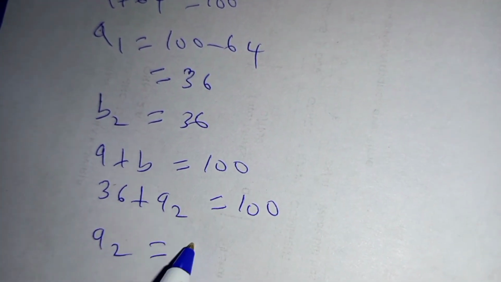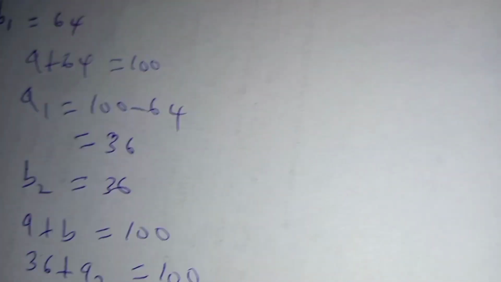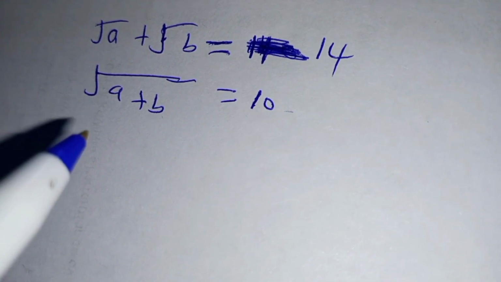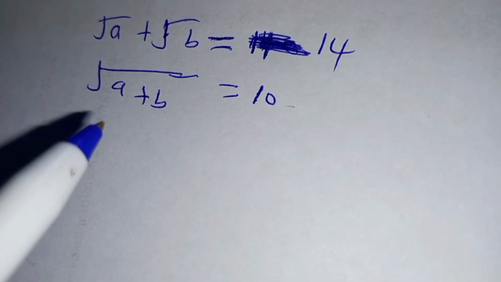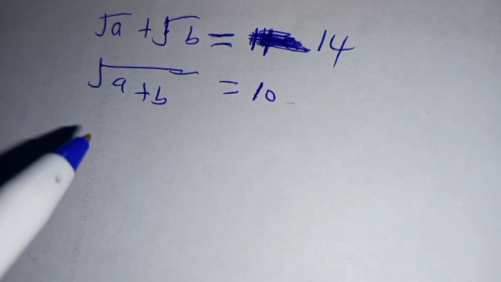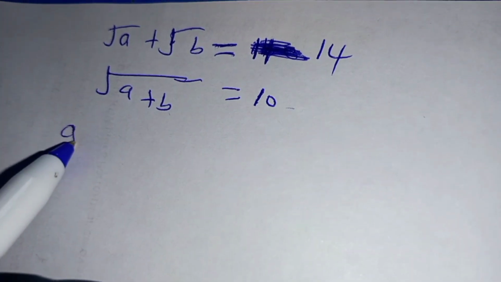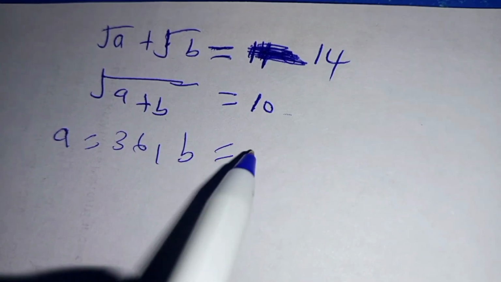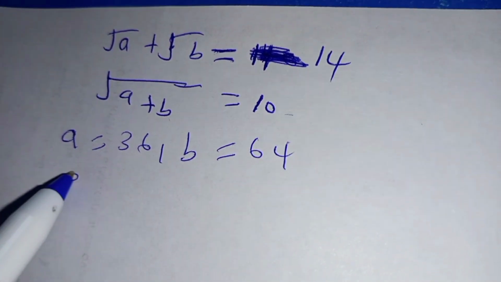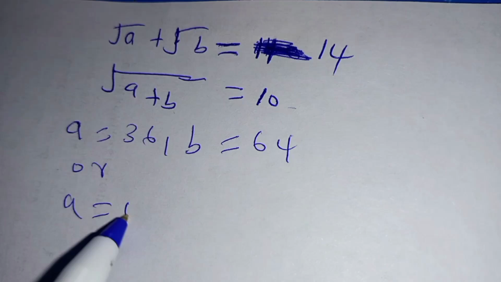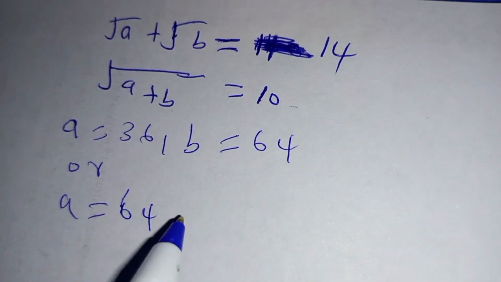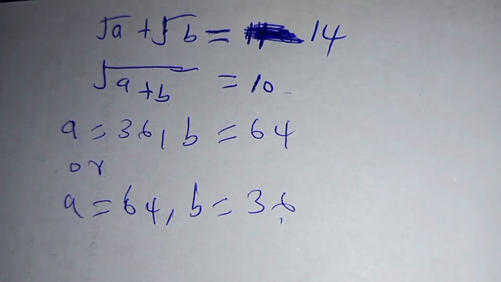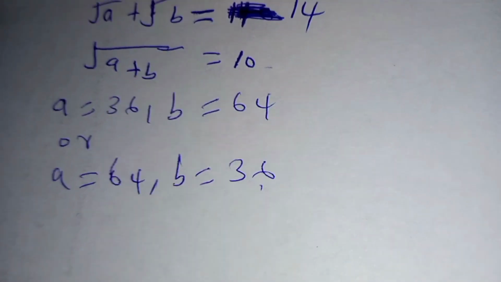So a2 is equal to 64. Our equations were root of a plus root of b is equal to 14, and root of a plus b is equal to 10, and you have obtained that a is equal to 36 when b is equal to 64, or a is equal to 64 when b is equal to 36. So those are the possible values.